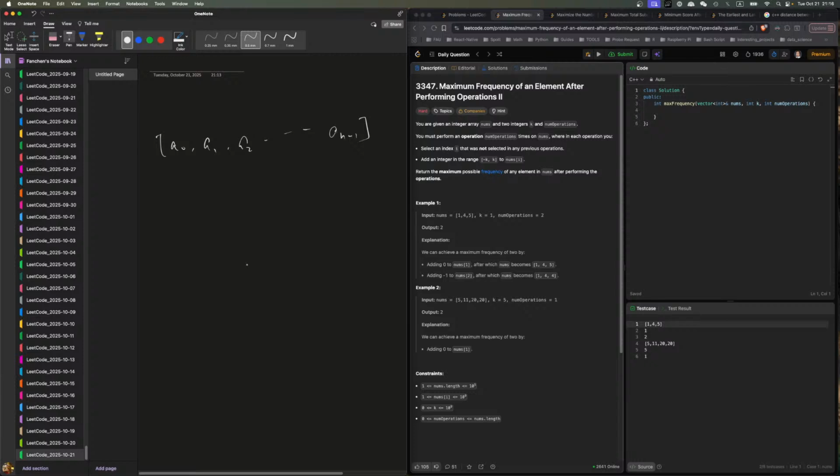If we start from a0, we basically have a0 minus k to a0 plus k. So this is the range. What we can do is find where a0 plus k will be somewhere here, and then we start from here to somewhere here, so everybody inside is technically within.